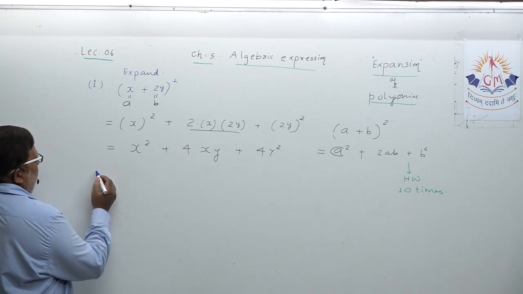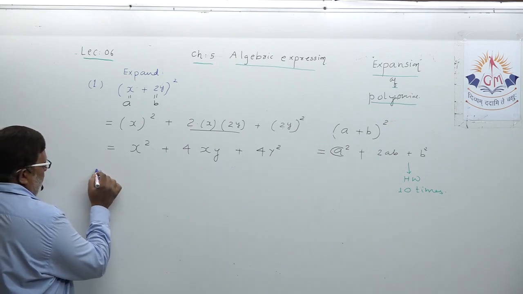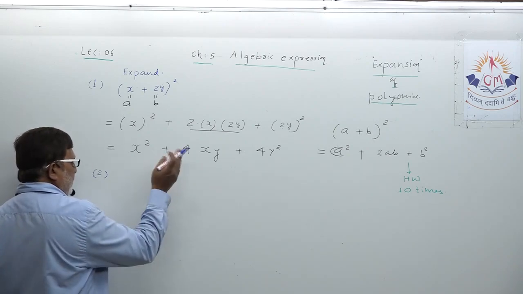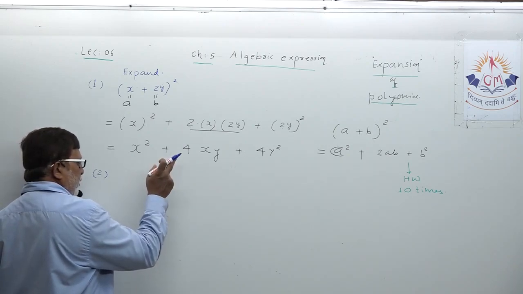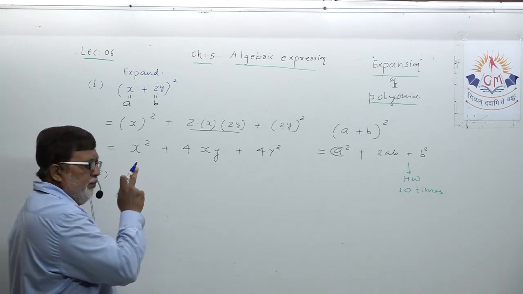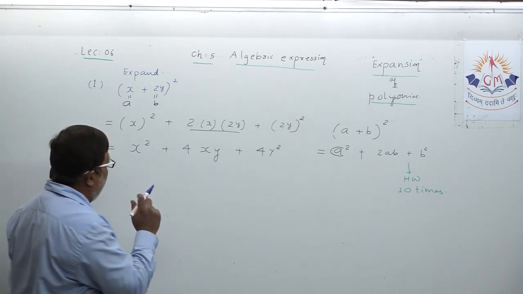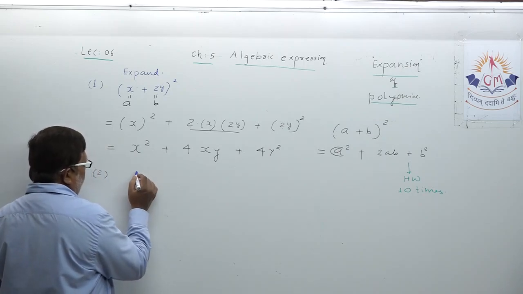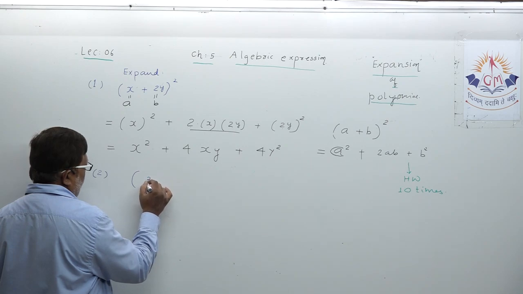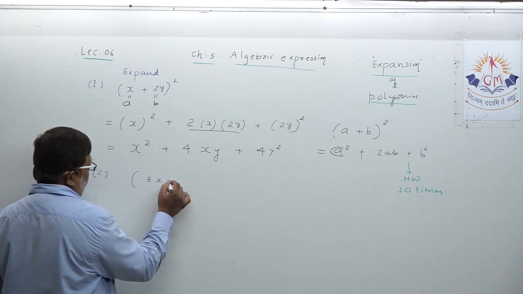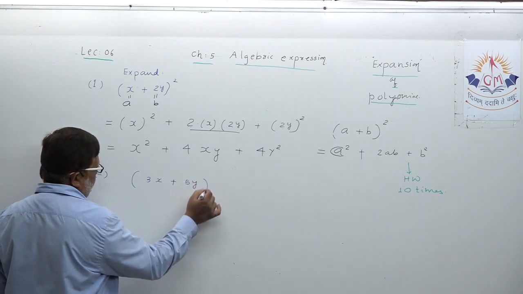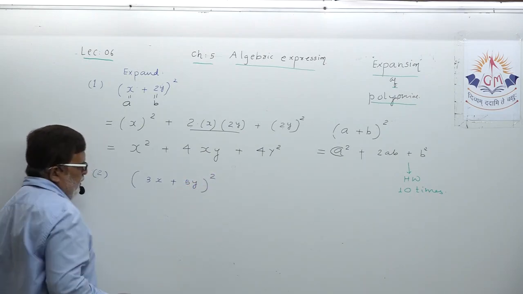Okay, let us take one more example. It is just a question of comparing the format and just understanding what is the value of A and what is the value of B. Suppose the example is like this: 3x plus 5y whole square.